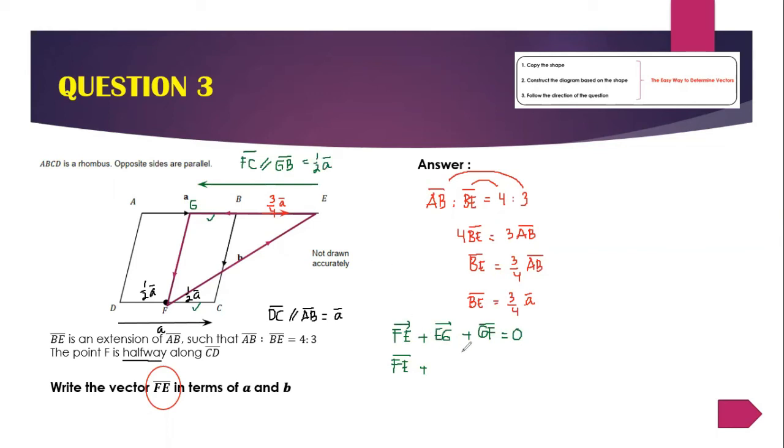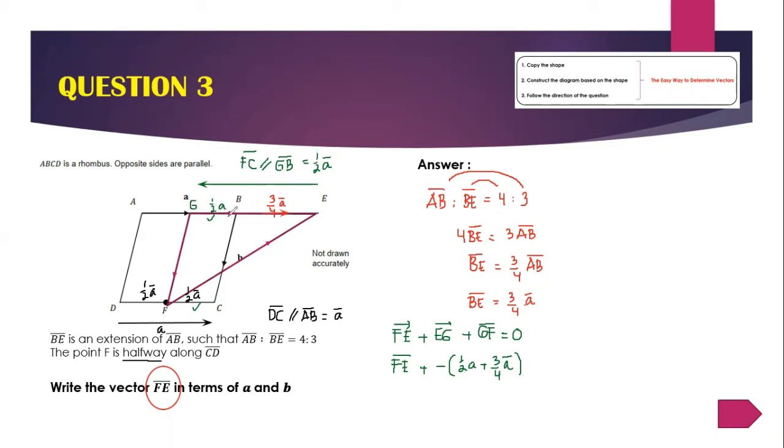So vector EG means negative in the brackets: a half a plus 3 over 4 vector a, and the direction is opposite.